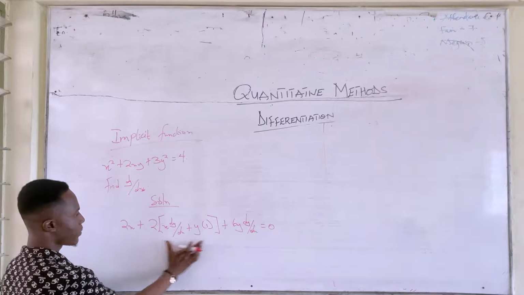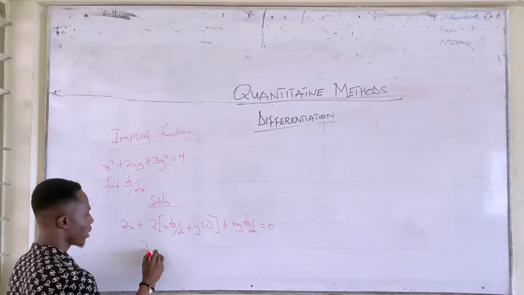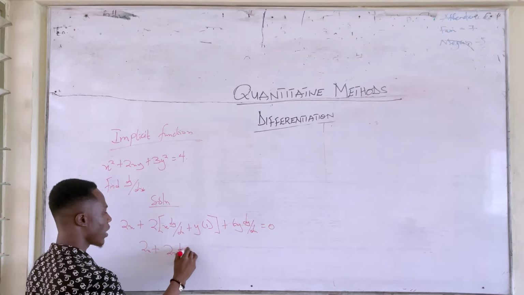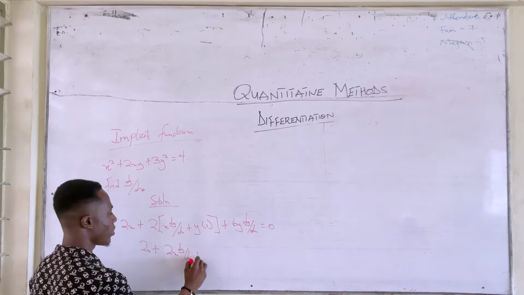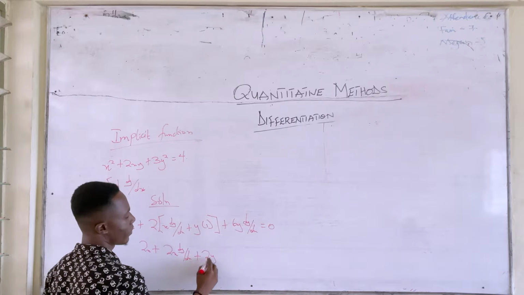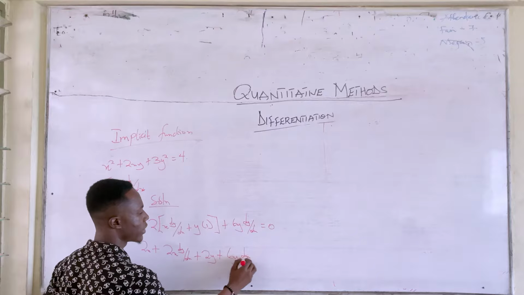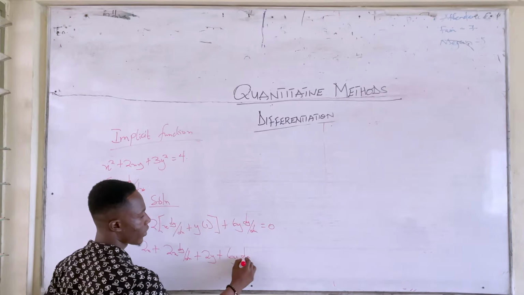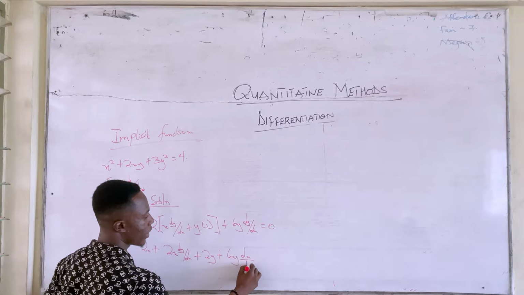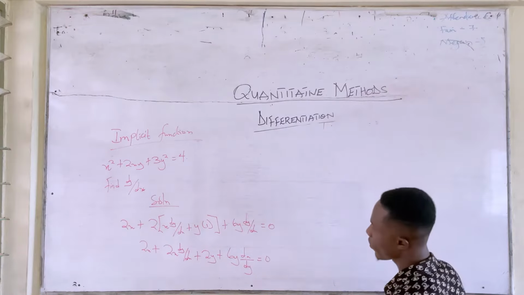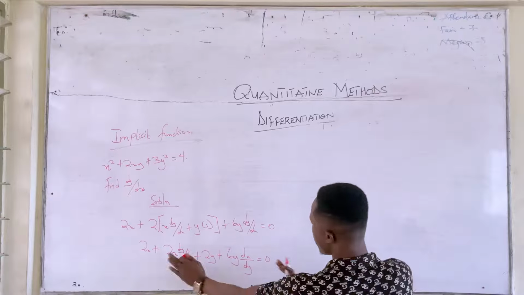So we expand the brackets by 2x plus, this one multiplies this to give us 2x dy dx plus 2y plus this one, that is 6y dy dx equal to 0. Okay, so now we are grouping like terms.